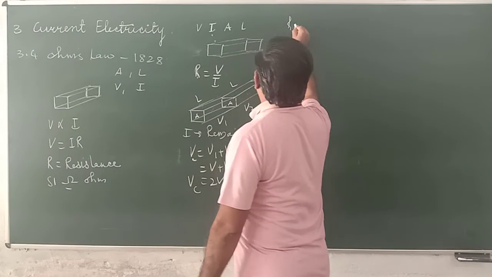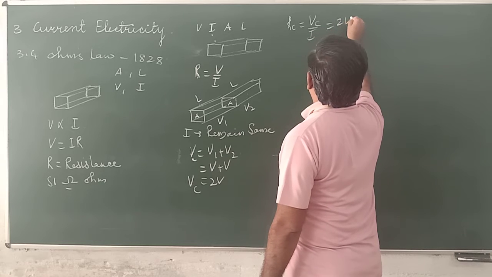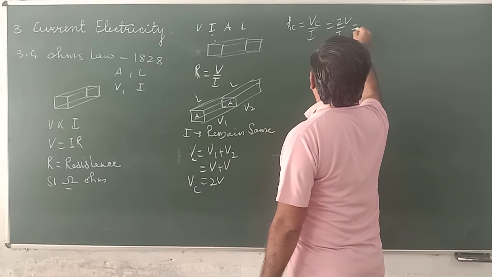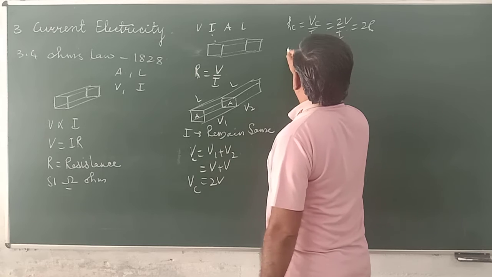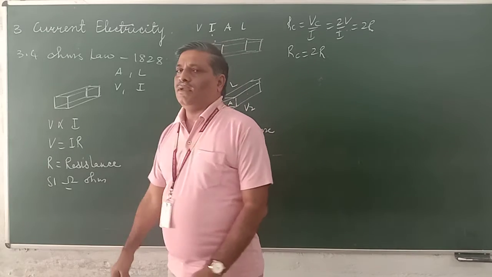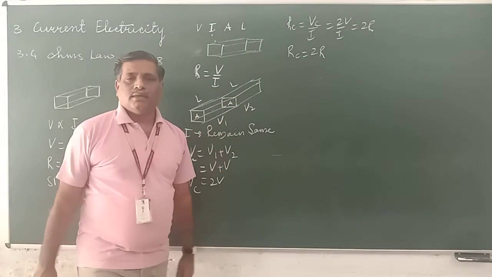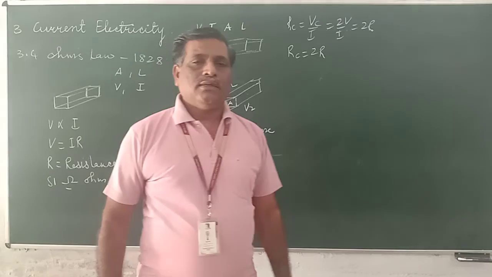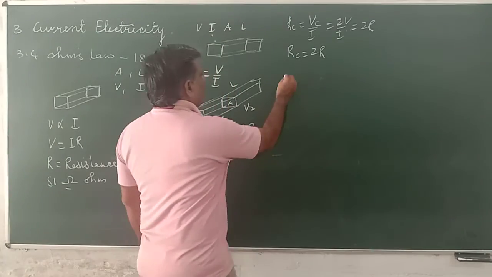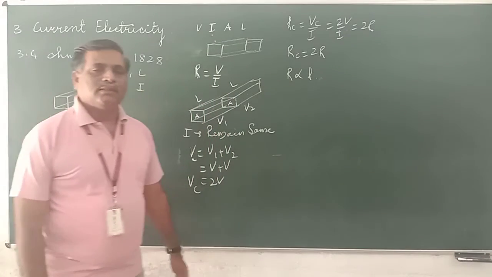Therefore, R of the combination is V combination by I, which is 2V by I, which equals 2R. It simply indicates that when the length is doubled, the resistance becomes double. We conclude that R is directly proportional to length.